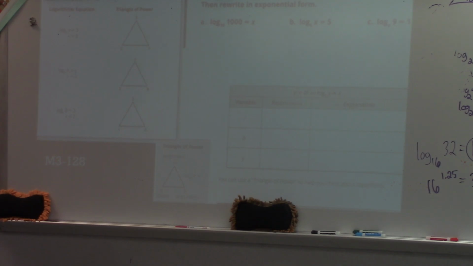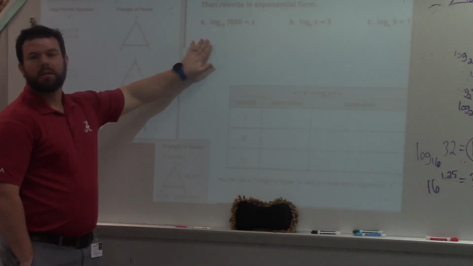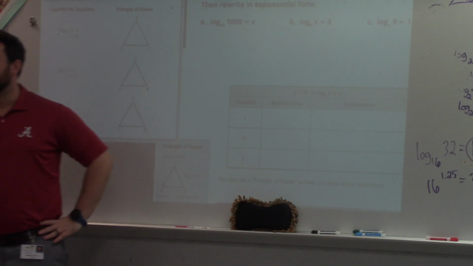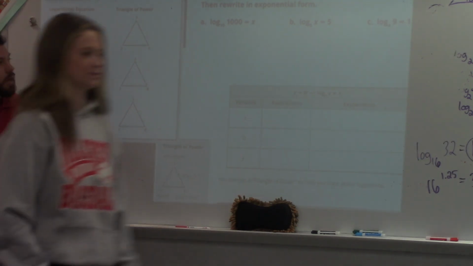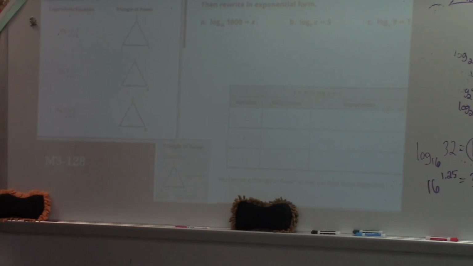Alright, so here's what I want you to do. Don't do the dumb triangles of power. I just want you to think about how you could use the information we have to figure out what these values of x are. So let's not go to vertical surfaces. Take a couple of minutes, talk with your group, and figure out how you can rewrite these on page 128 or 129. I think it might be 129. No, not number 2 right there.